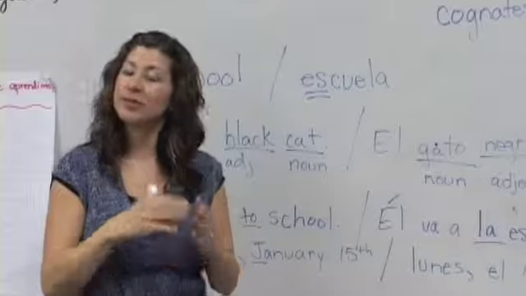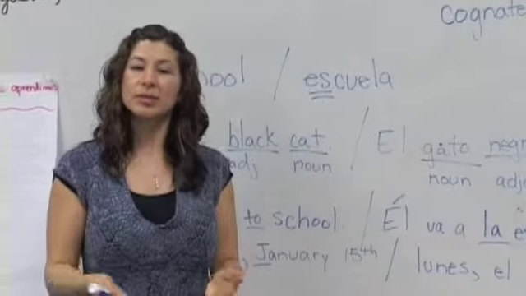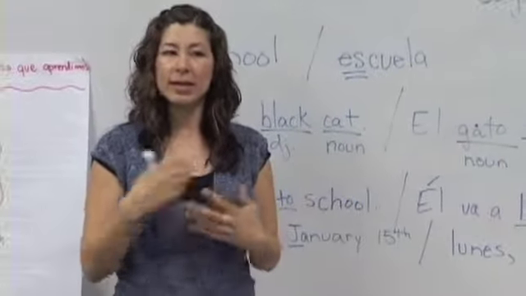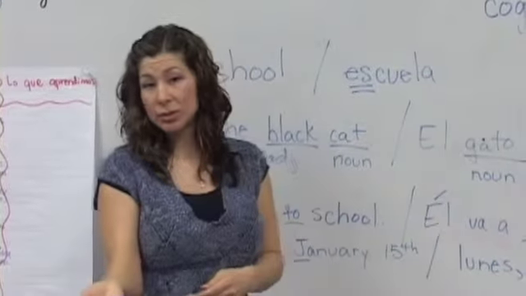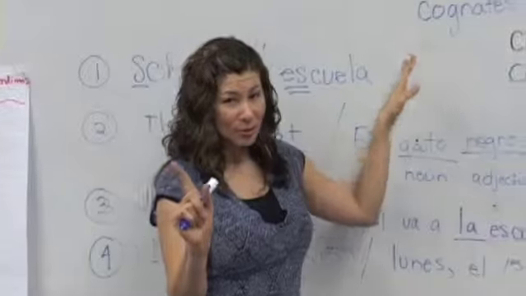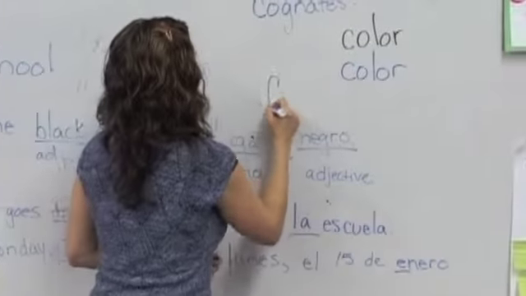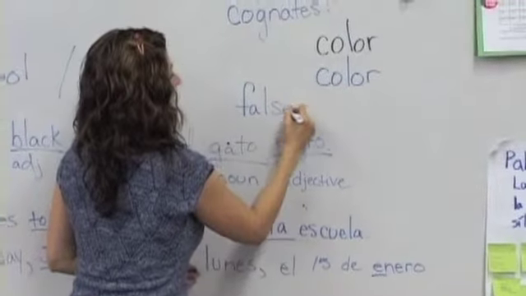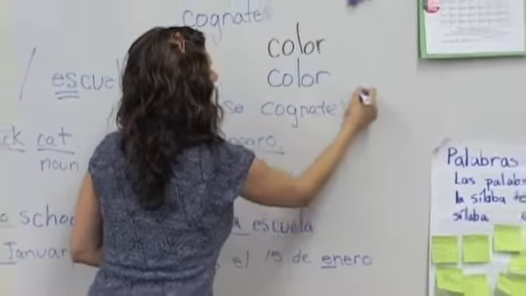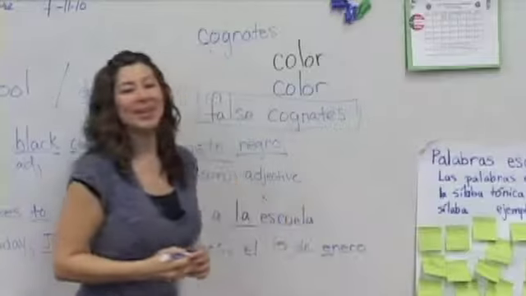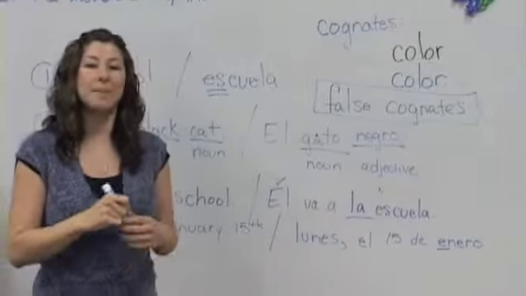So let them know, even if you don't speak Spanish, it's okay. Let them know there are a lot of similar words in English and Spanish. Use your Spanish to learn some of these English words. And you should also know, though, I'm not going to say that without letting you know that there are false cognates as well. And of course, the most famous false cognate is embarrassed and embarazada.